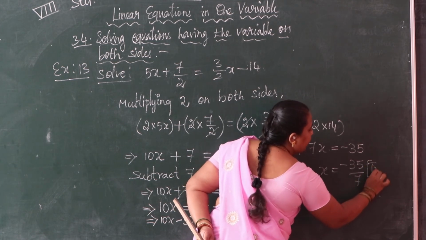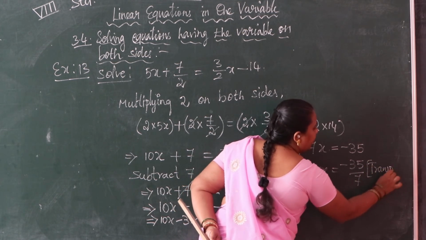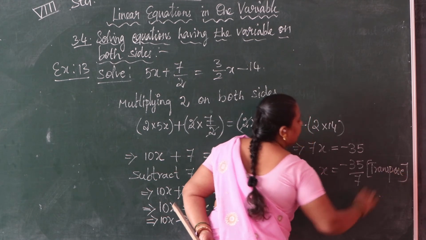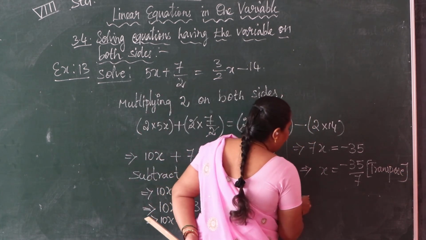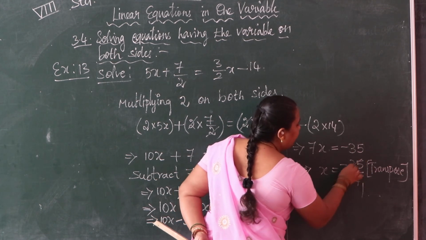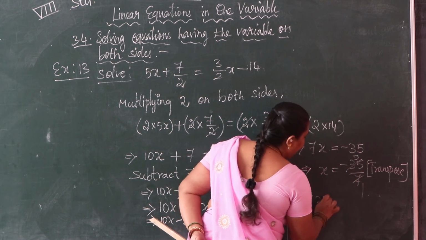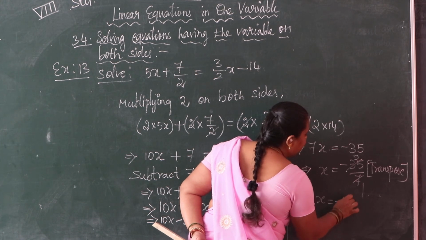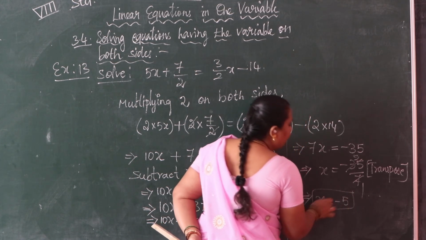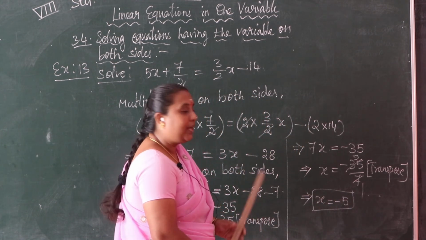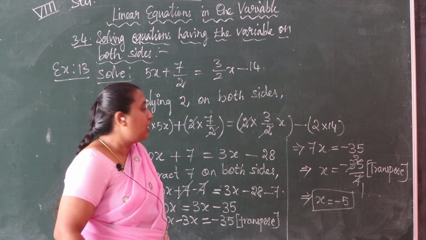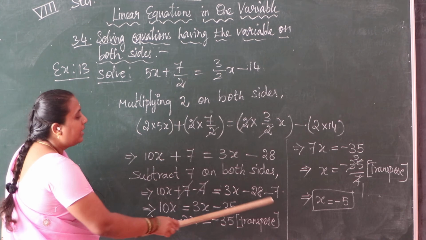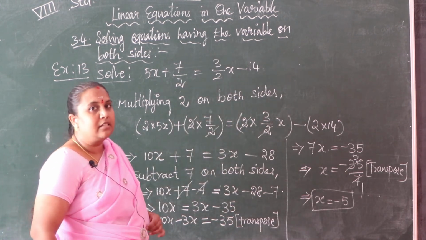Transposing 7 from LHS to RHS. 7 ones are 7, 7 fives are 35. So x equals minus 5. Don't forget to use the minus sign. So the solution of the given equation is x equals minus 5.